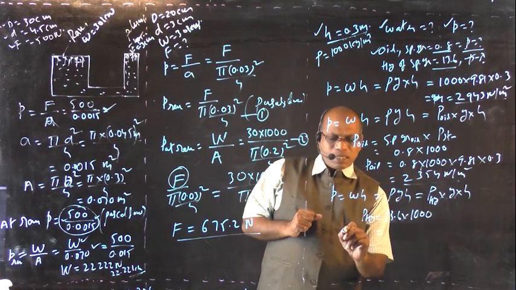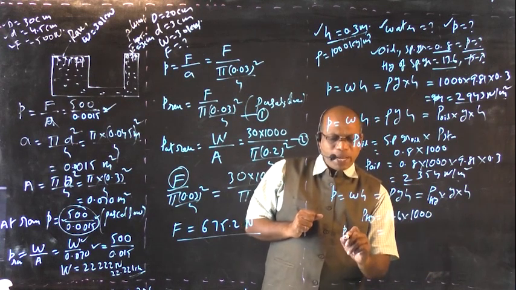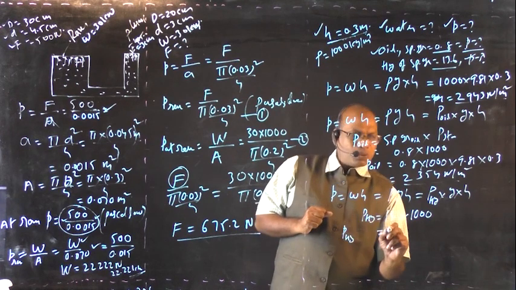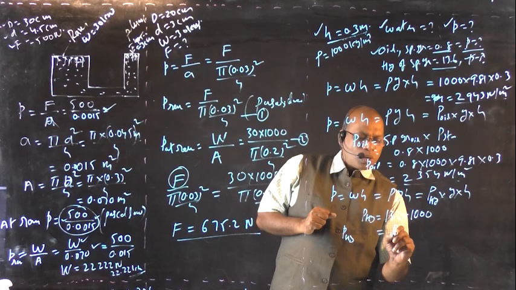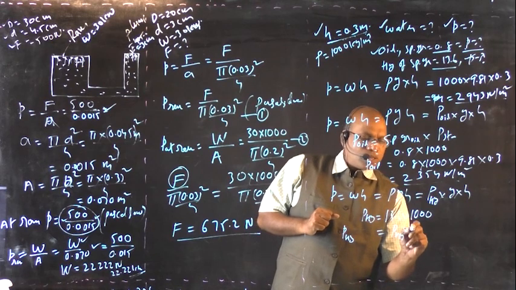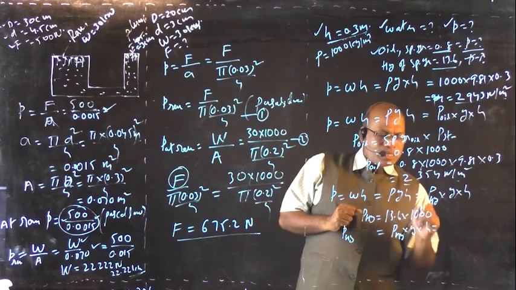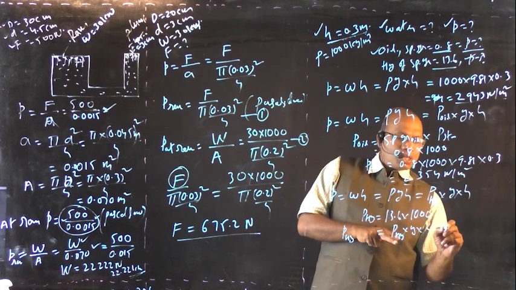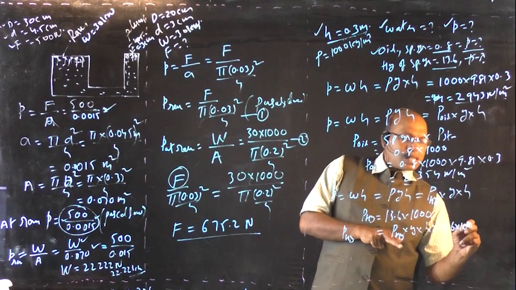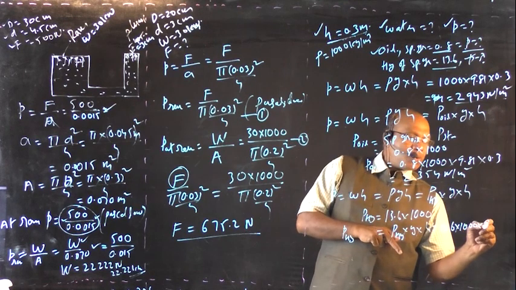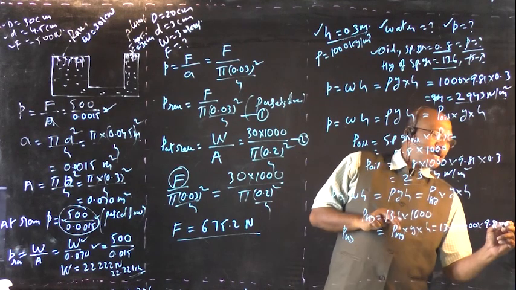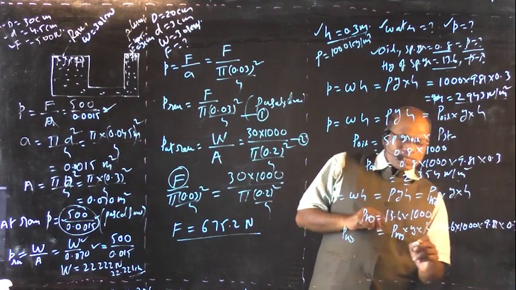Therefore, the pressure because of the mercury head of 0.3 meters is equal to rho Hg into G into H, that is equal to 13.6 into 1000 into the G value 9.81 into the depth of mercury, that is equal to 0.3.